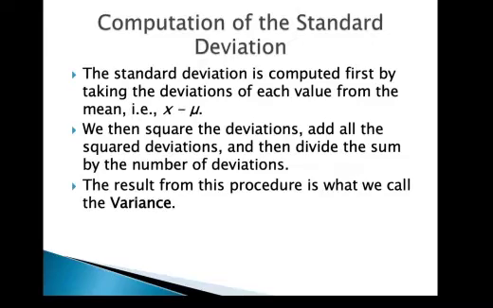The standard deviation is computed first by taking the deviation of each value from the mean. We told you that the mean is equal to 30. And so we get the deviation of each value from the mean, and we denote that as x minus mu.